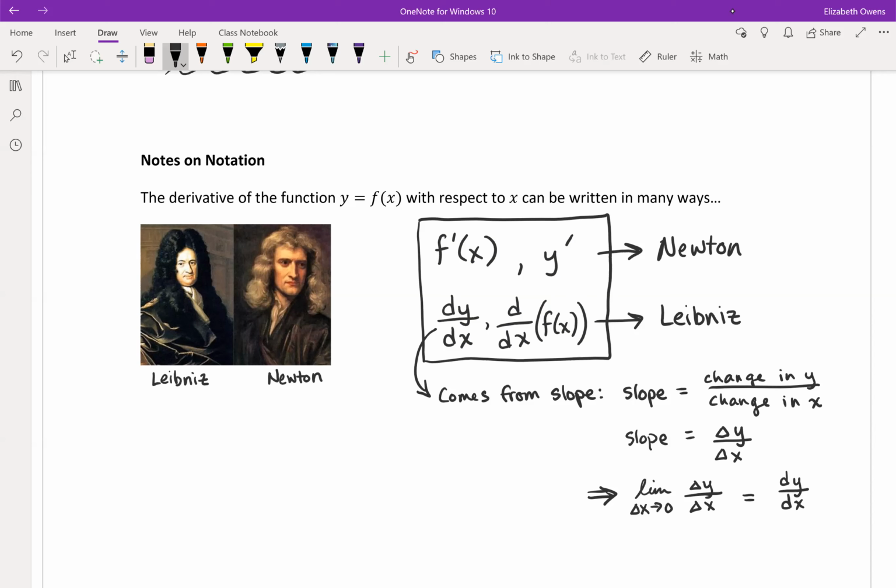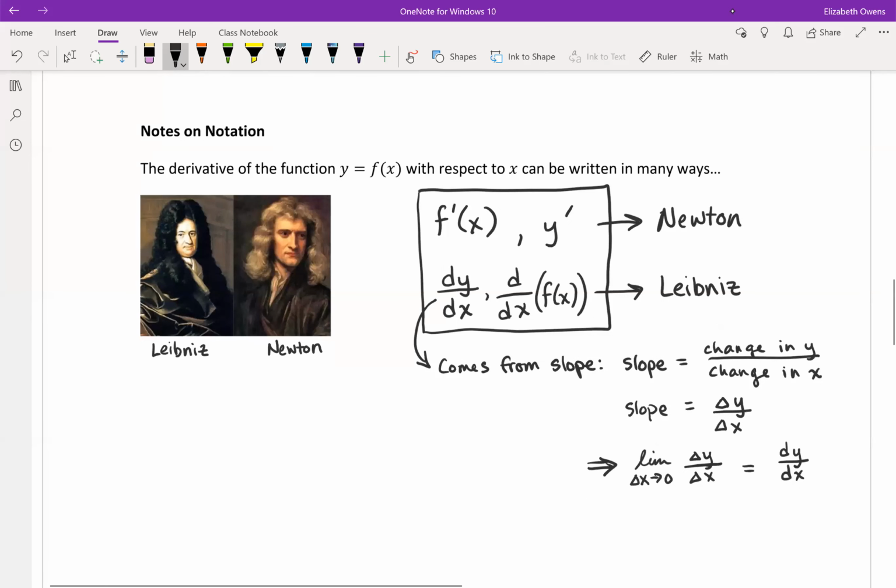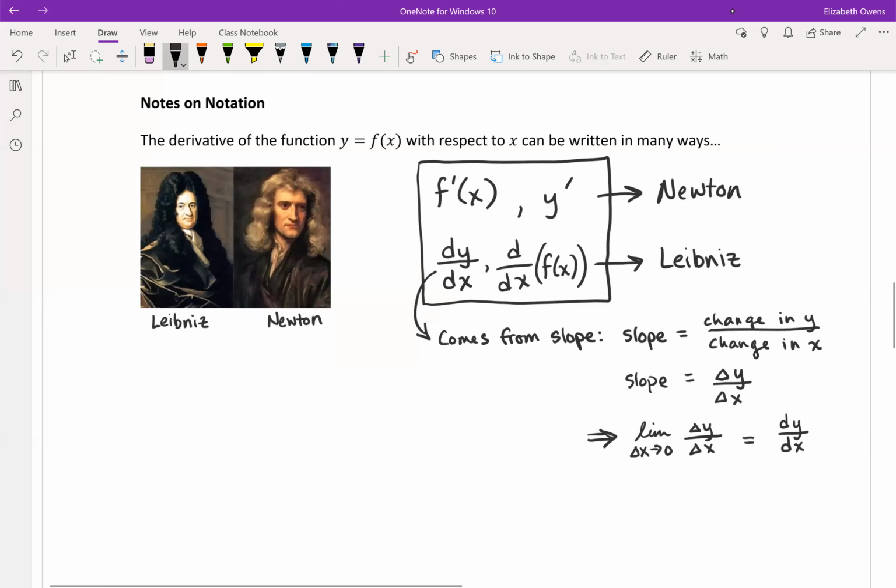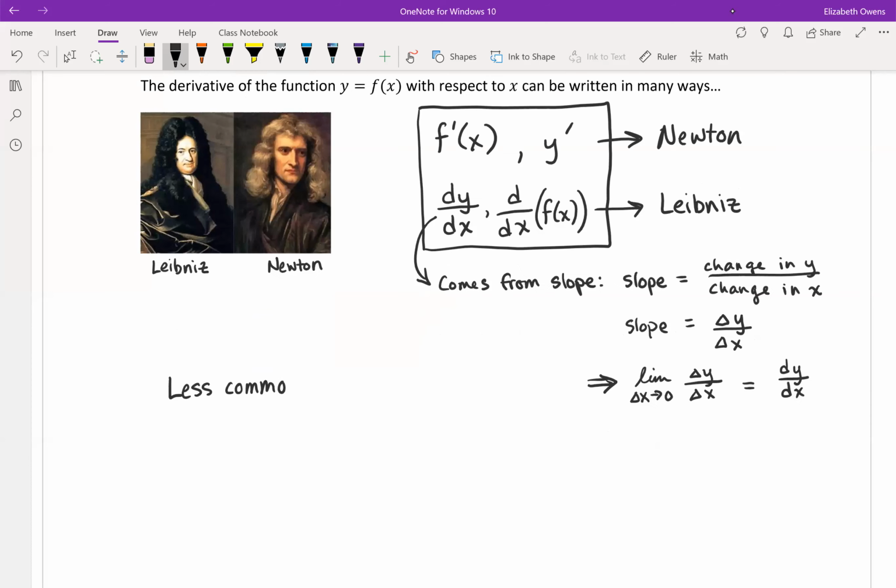And there are also some less common notations as well. So let's note a few of these just in case you see any of these come up. We have different variations on these notations. If you see a y with a dot above it, that also means the derivative.